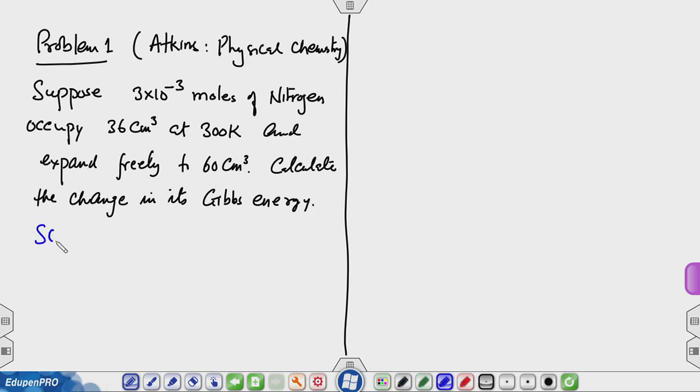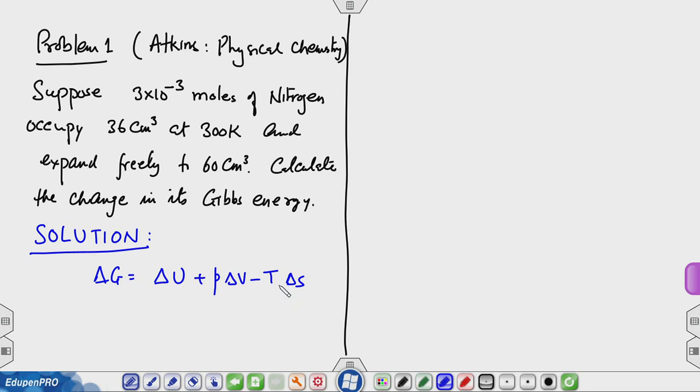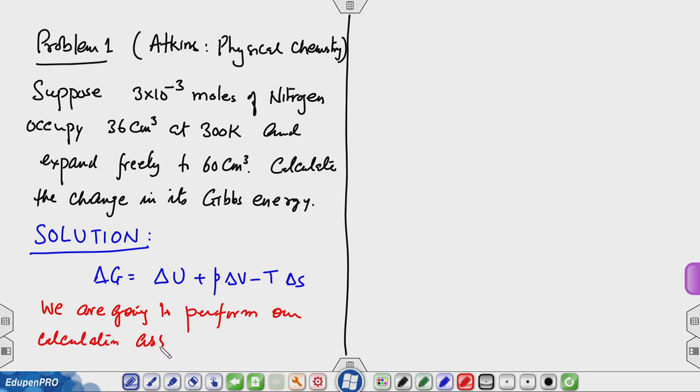So the solution is delta G is nothing but delta U plus P delta V minus T delta S, and we are going to perform our calculation assuming that the gas is ideal.